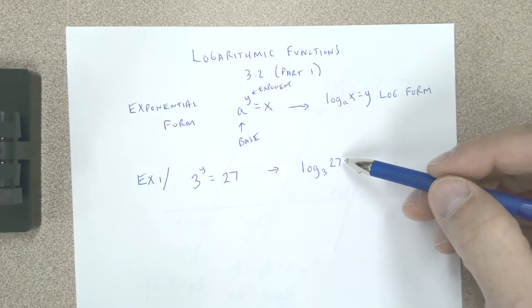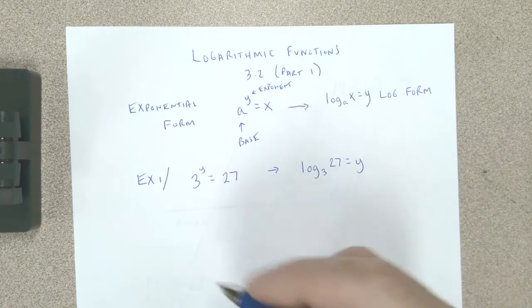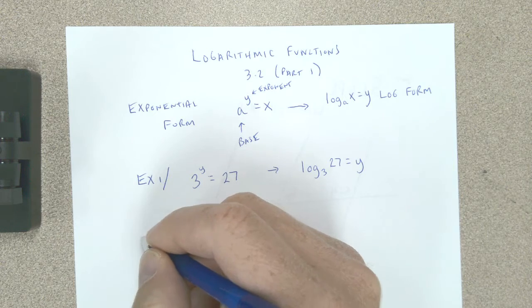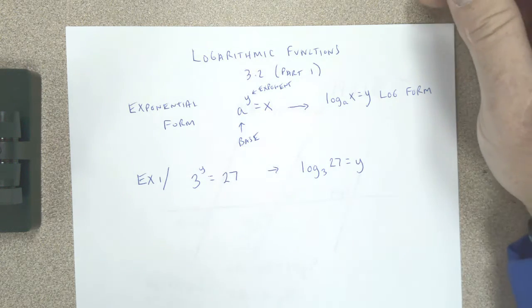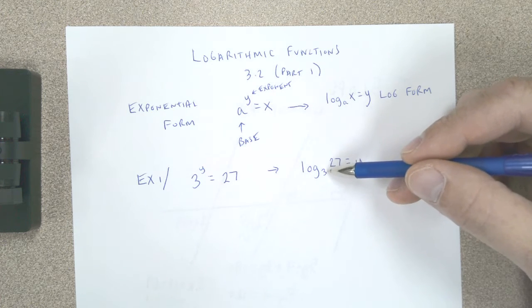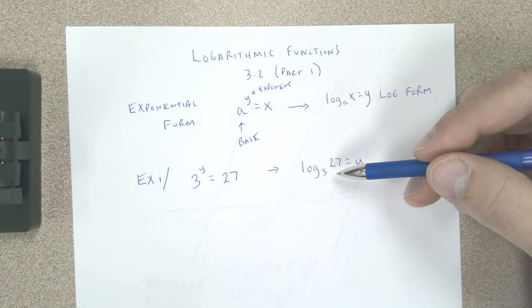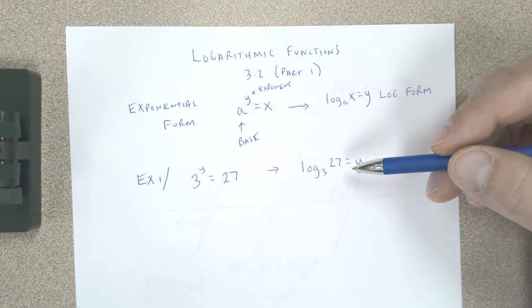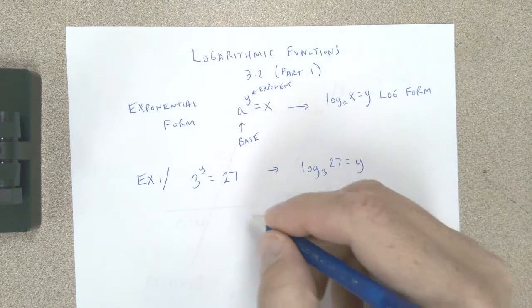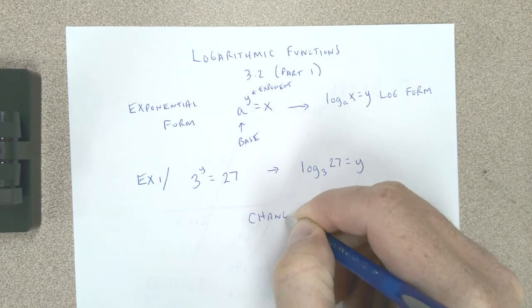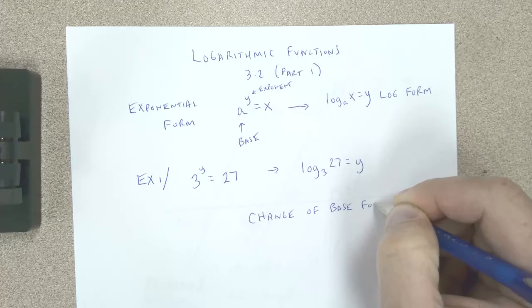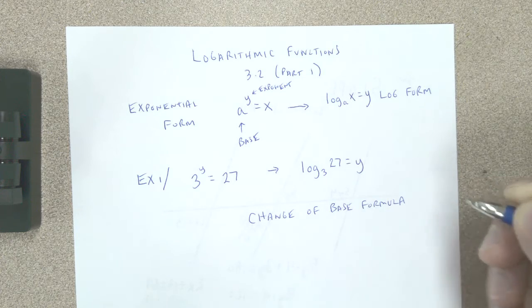So 3 to the y equals 27. That's exponential form. Now, when we're doing logarithms, if there's no base written, we assume that's base 10. And when we're using our calculators to go about solving these, we do have a change of base formula, which is as follows.